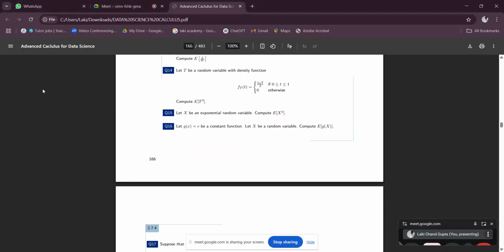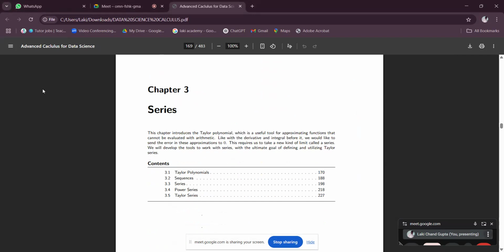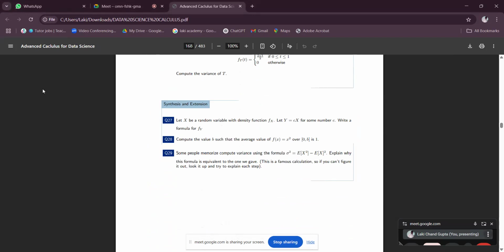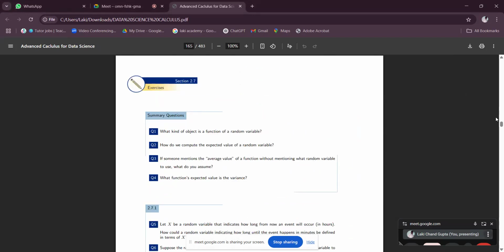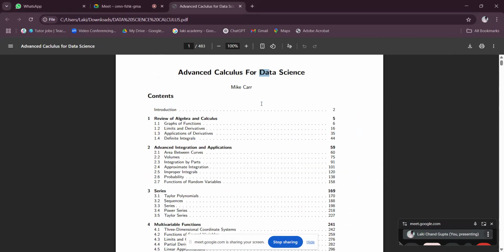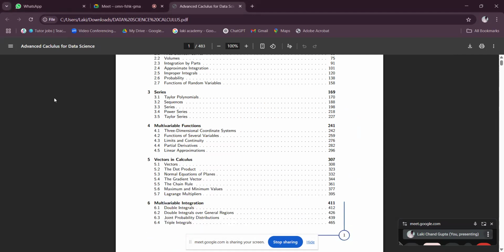So this chapter is also finished. It was a very easy chapter. Next time we discuss series and sequence. These are very important for finding the larger value. You have heard these names: series, sequence, power series, Taylor series, time series analysis.